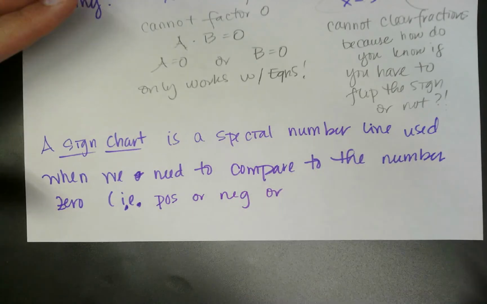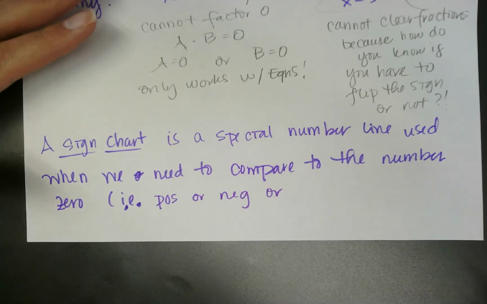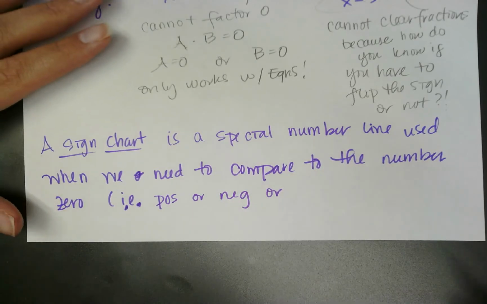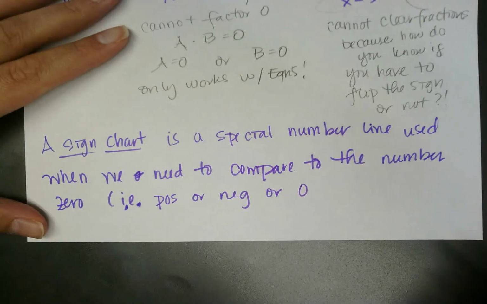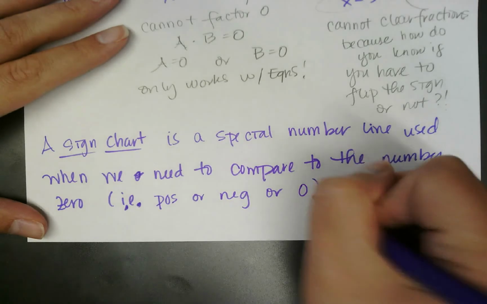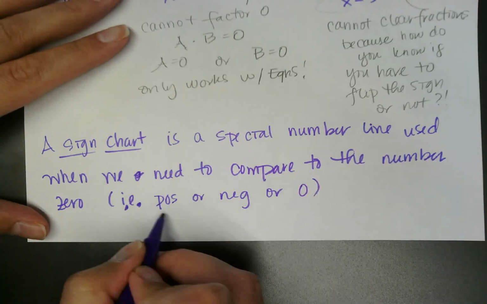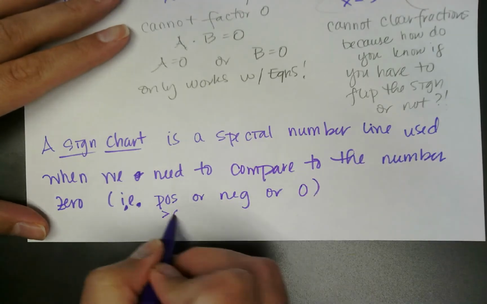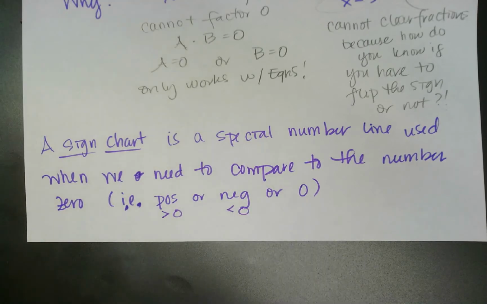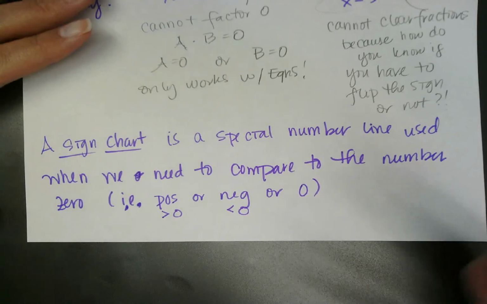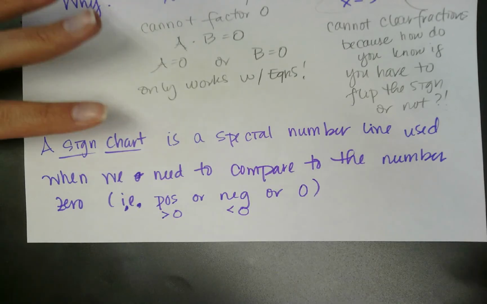Or what's a number that's not positive or negative? 0 is not positive or negative. Okay. So if you're comparing to 0, greater than 0 is positive, less than 0 is negative. So when we talk about signs, that's what we're talking about, positives or negatives. So the sign chart shows us that, okay? Or it's when it's 0.